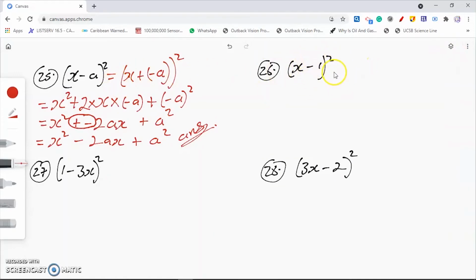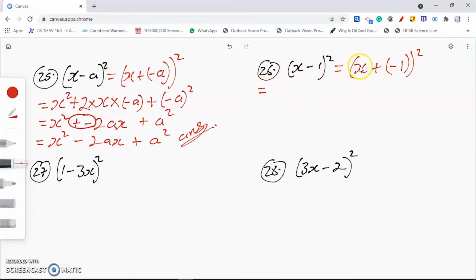26. We have x minus 1. So x minus 1 is the same as x plus negative 1, and then we square that because it's not only x minus 1, it's x minus 1 squared.